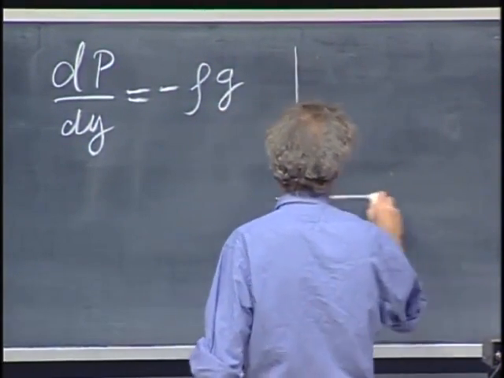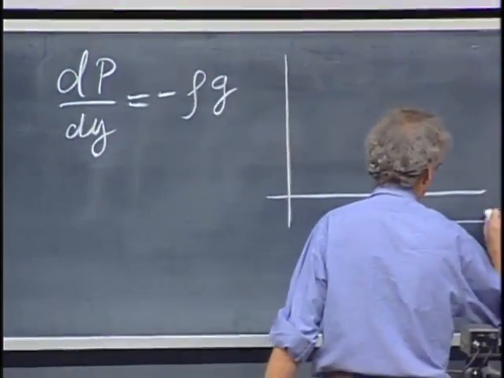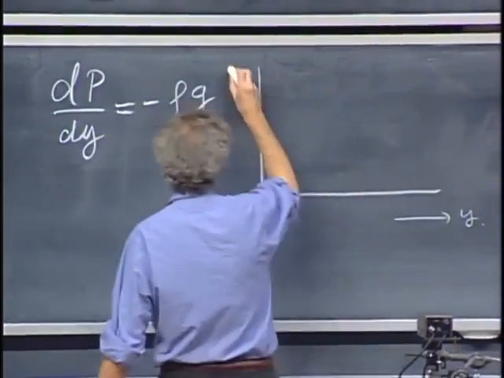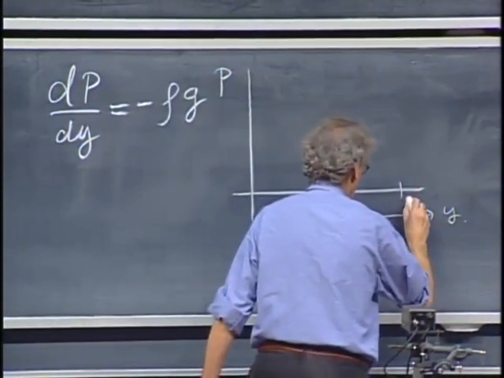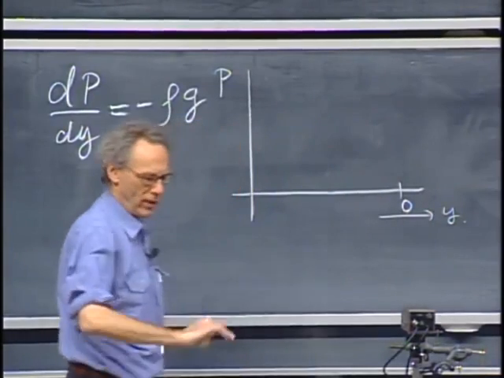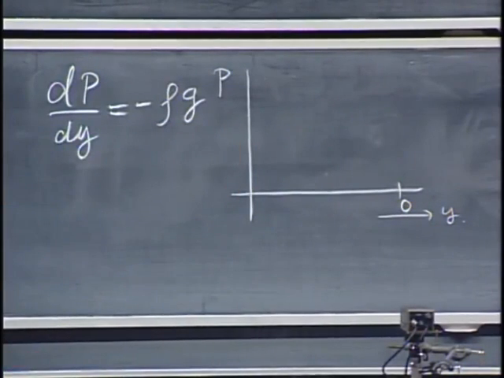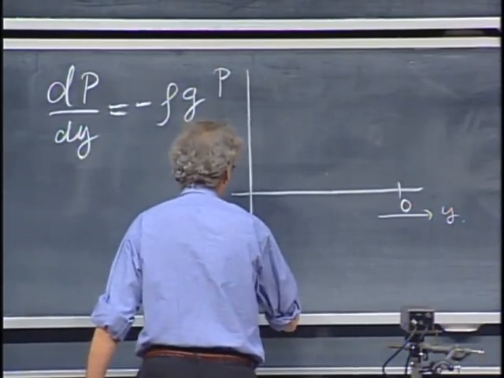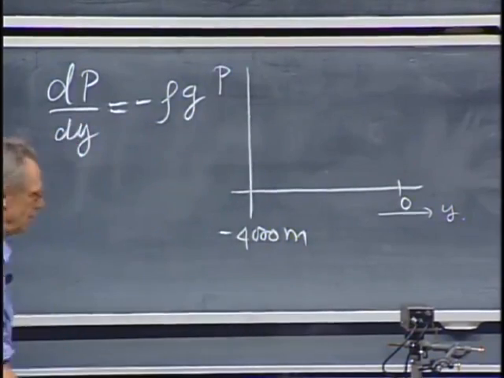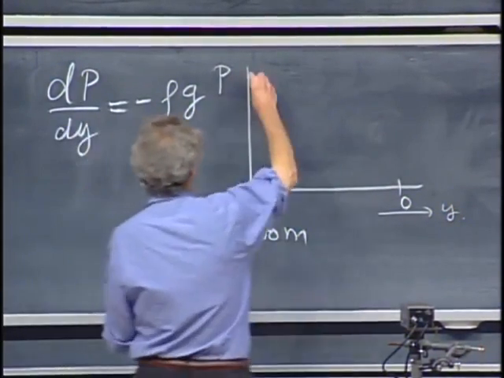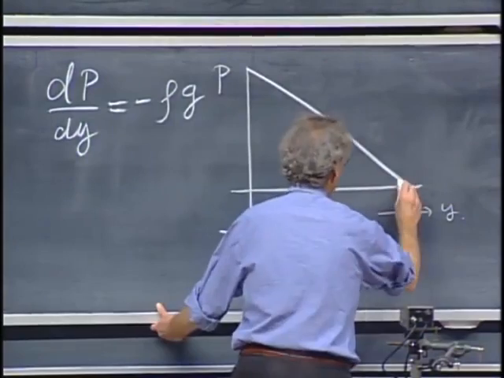So if I have here y, and I have here hydrostatic pressure, and let this be the y0, that is the sea level, I call that 0, and let this be minus 4,000 meters lower, then the pressure just goes like this.